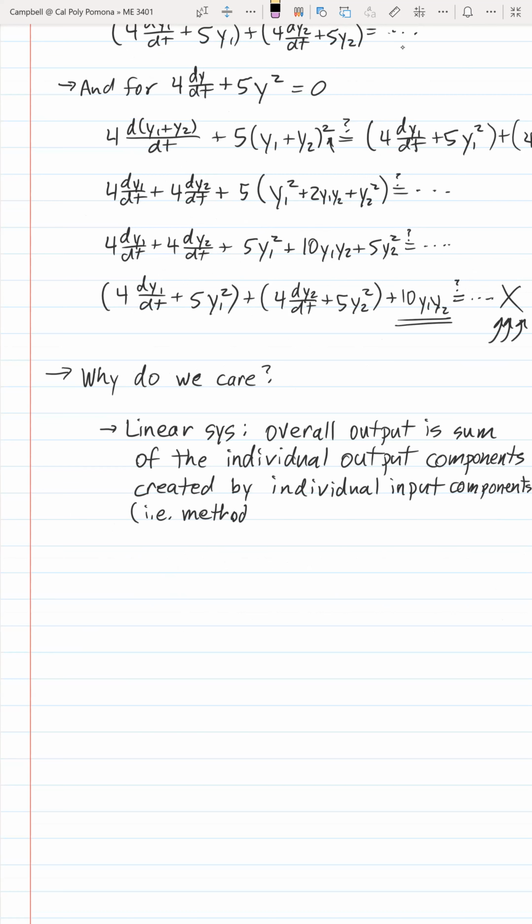And so this, of course, is the key to the method of superposition.